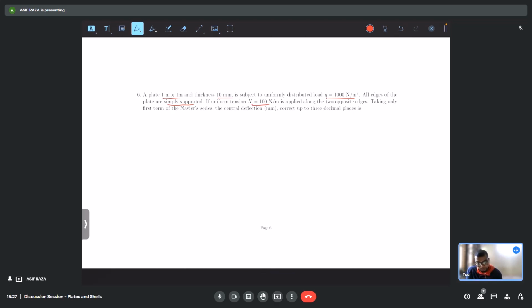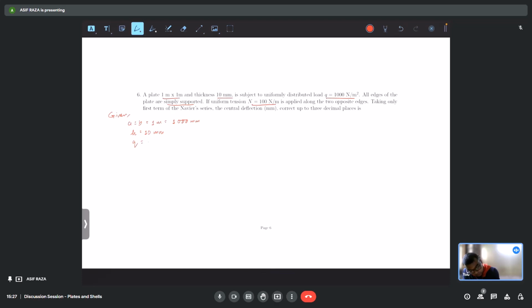So okay, let's write what we have first. We have a square plate, A equal to B equal to 1 meter, you can write it as 1000 mm. Thickness of the plate is 10 mm. So these are the given things.